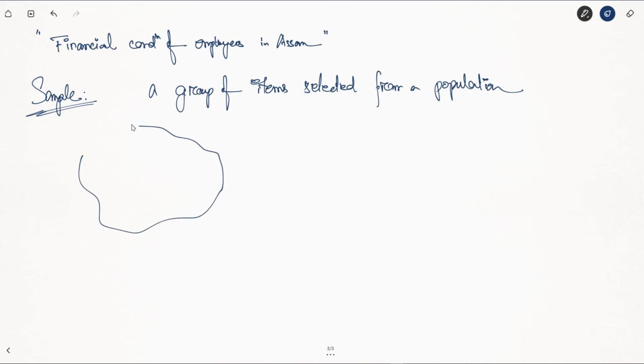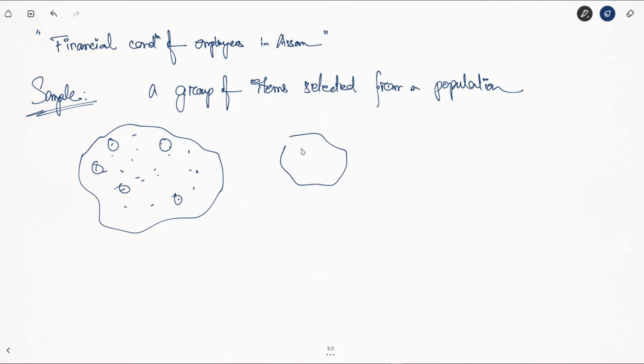So imagine these are the different employees working in Assam. Then obviously it is not possible for us to study all of them, so rather we will select randomly. Let's say this person is selected, this person is selected, this person, this person, and this person. So we have selected 5 people from this population.